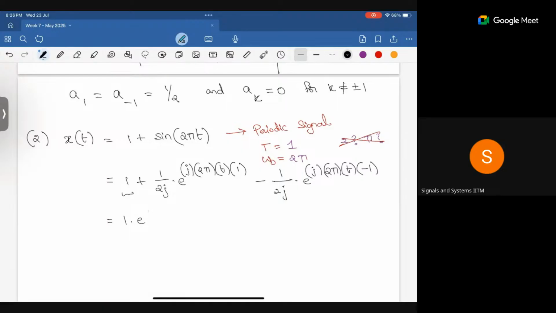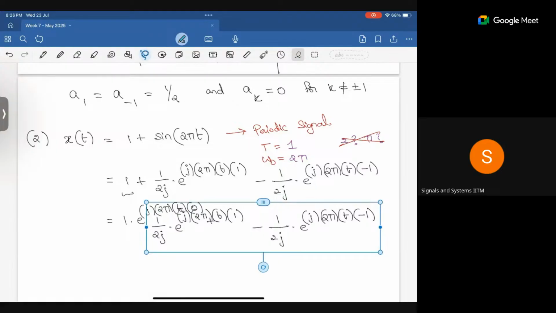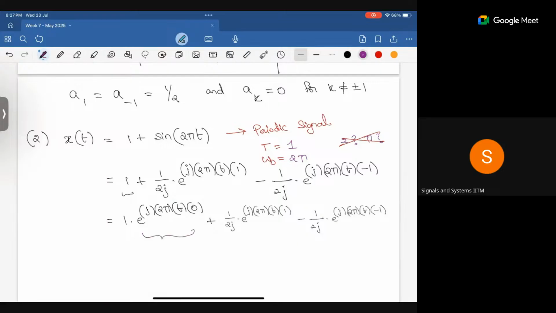I can write this 1 as 1 into e power j 0 times 2 pi t. The other two terms are the same, and here you can clearly see this corresponds to k equals 0, this corresponds to k equals 1, and this corresponds to k equals minus 1.